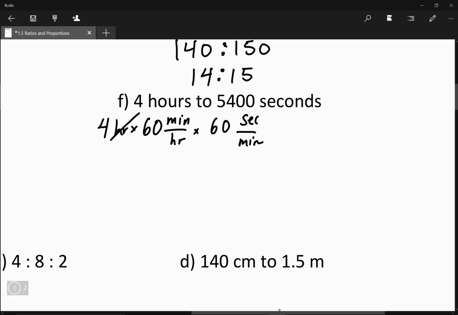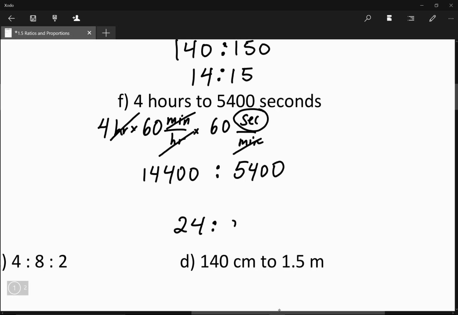Hours in the top cancels with hours in the bottom. Minutes in the bottom cancels with minutes in the top. So I know I'm right because I have seconds left over. So 4 times 60 times 60 is 14,400 seconds, and the ratio is 14,400 to 5,400. If I reduce that to lowest terms, it would be 24 to 9.